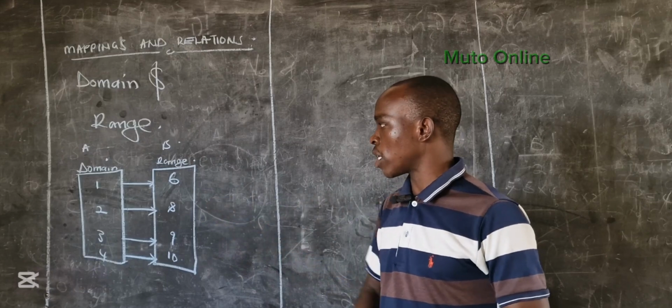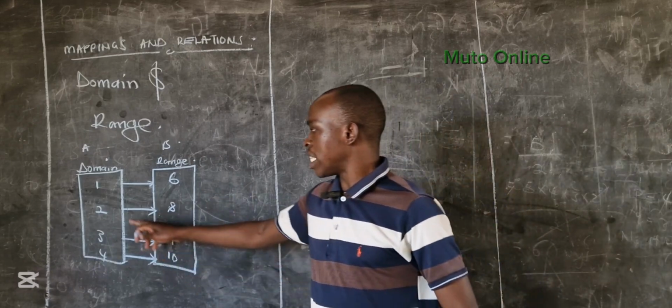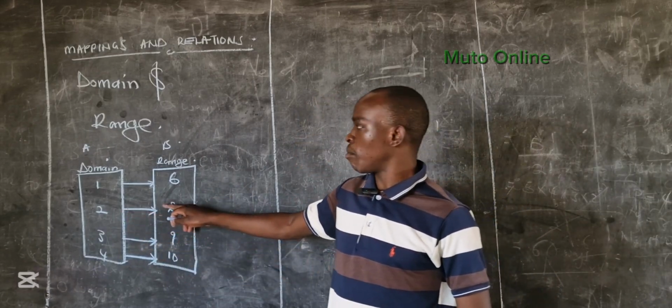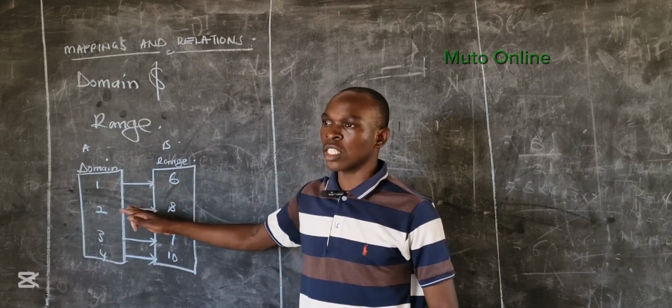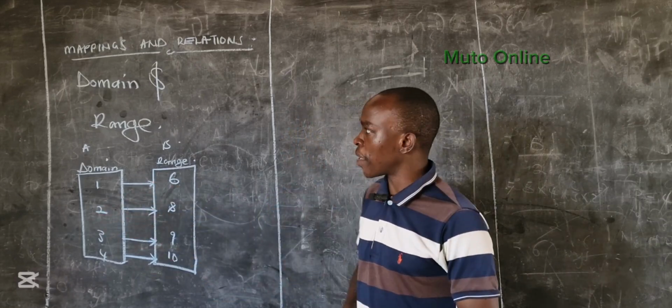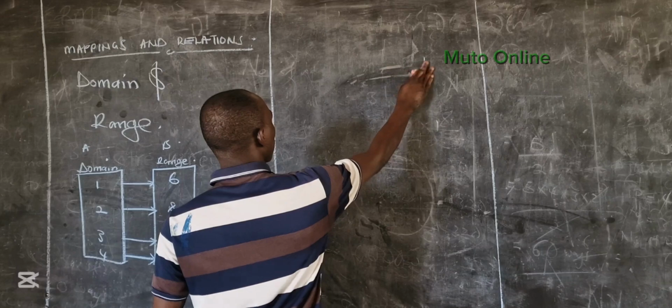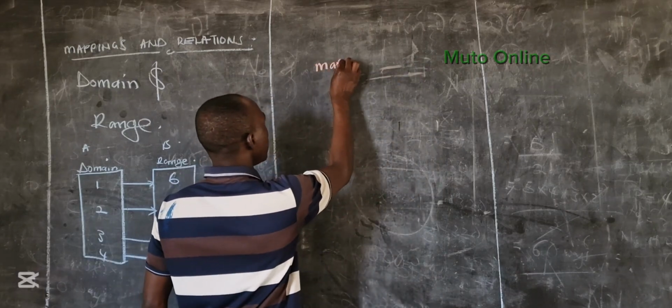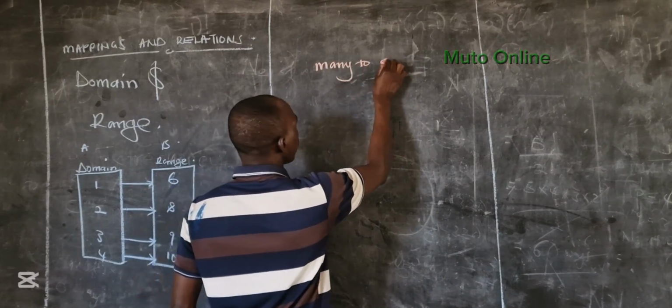So one goes with one. And since there is no sharing of elements in both the domain and the range, this is a one-to-one type of mapping.